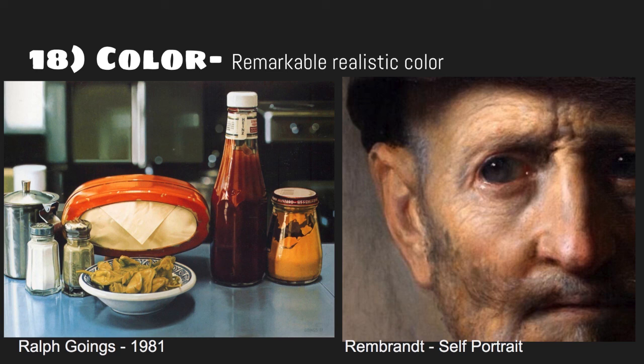Number 18, realistic color. Remarkable realistic color. Ralph Goings is a famous painter that was a super realist, and yes, that is a painting. So, an oil painting. He was so good at painting that he picked the hardest things to paint, such as glass and chrome, and made a career of these types of pictures.